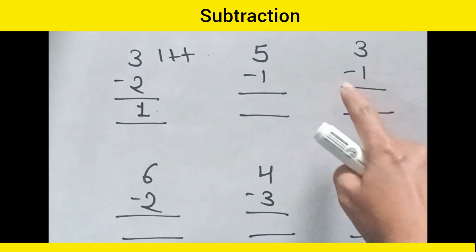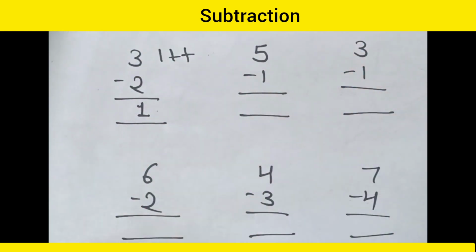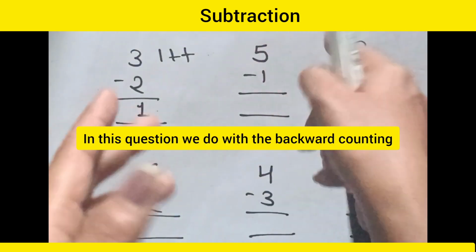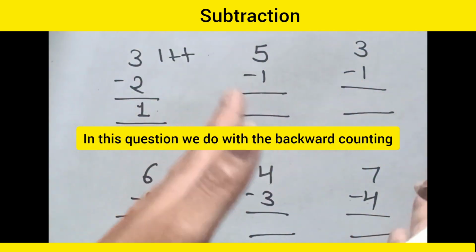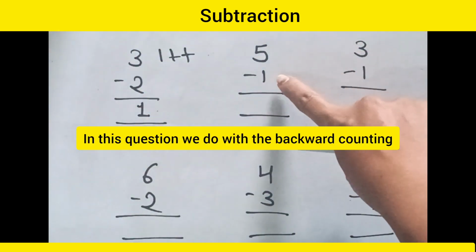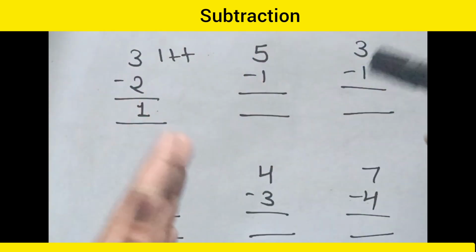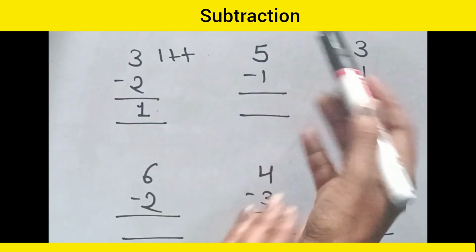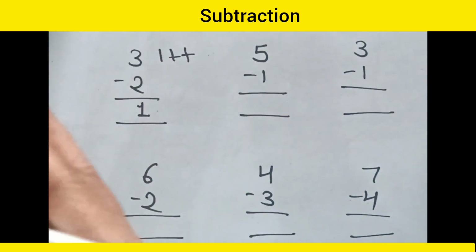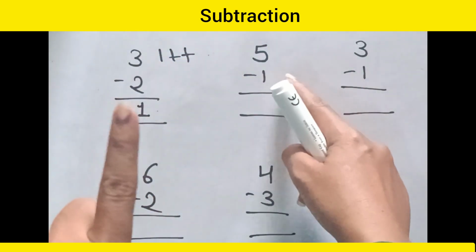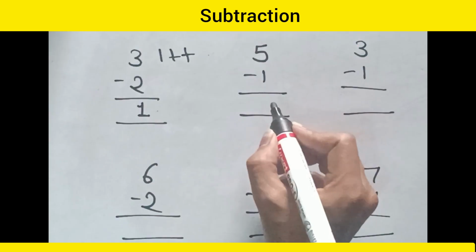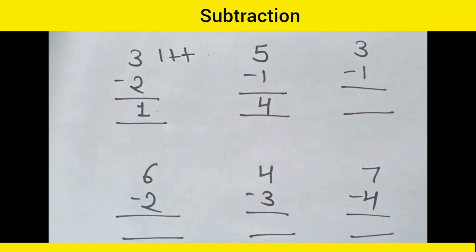And next is 5 and 1. So what to do? In this question we'll do backward counting, because this number is only 1. So one step back. 5, 4. Backward counting. Only one backward step, because we have here 1. So how much are we left with? 4.